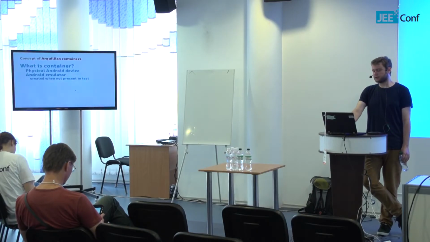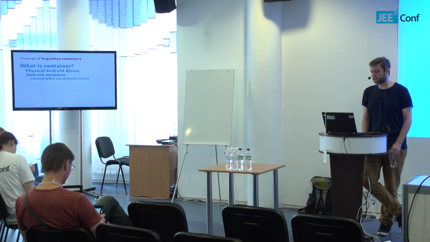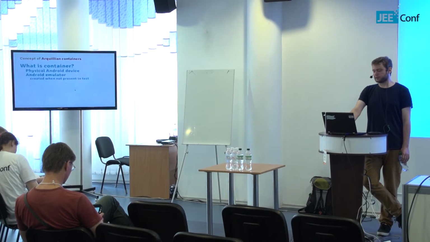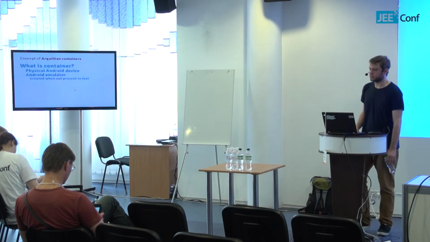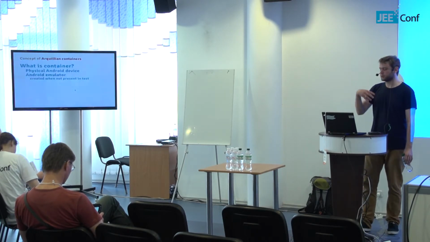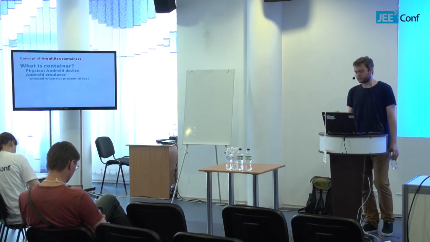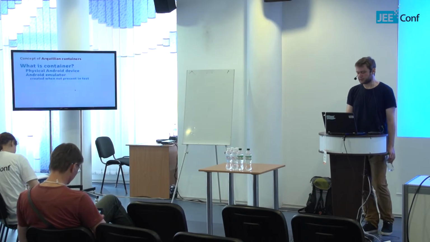As I said, in the case of Droidium, your container is Android, and it can be your physical device, like your mobile phone in a pocket. When you do not have it, you can run your tests on an emulator. In case the emulator you want to use is not present on your machine, it is automatically started, created, and deleted on purpose when your tests are getting executed.